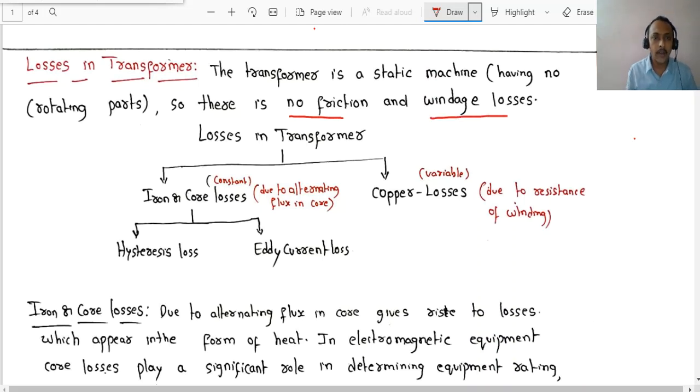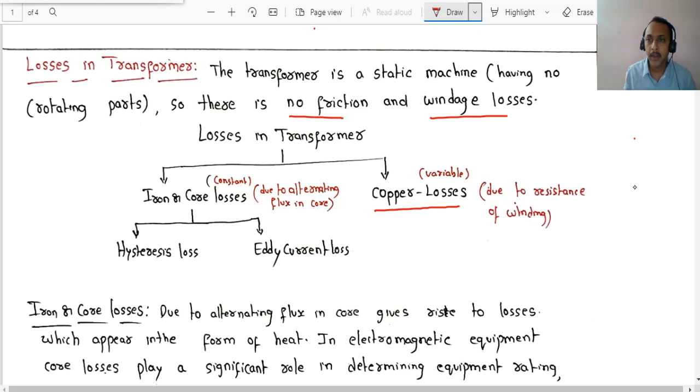Now it is divided into iron or core losses, and the other one is copper losses. This iron or core losses will be constant, and these copper losses will be variable in nature. These copper losses are mainly due to the resistance of the winding.